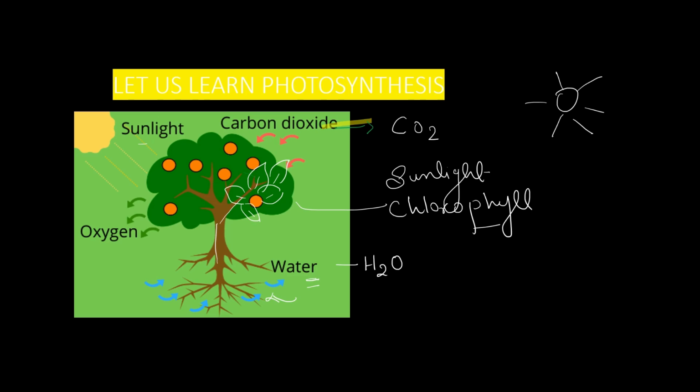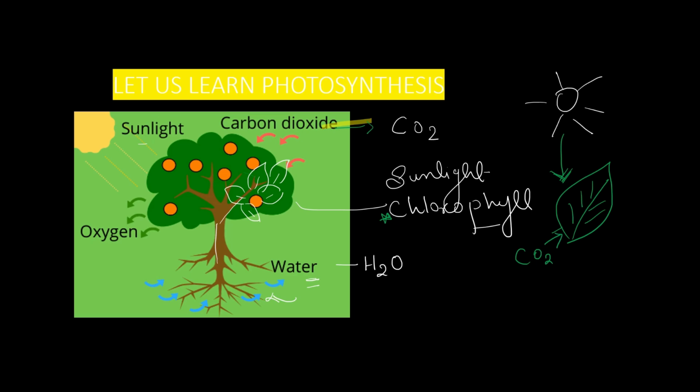Now I am going to make one small leaf. You can see one leaf here. This leaf is green in color because of the chlorophyll pigment, and because of this pigment, it is able to absorb sunlight and also carbon dioxide from the environment.